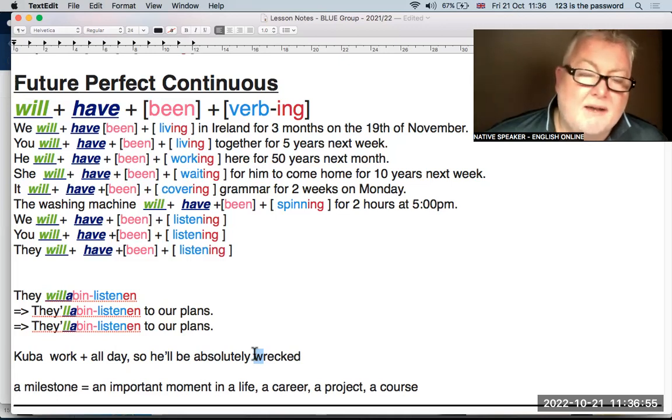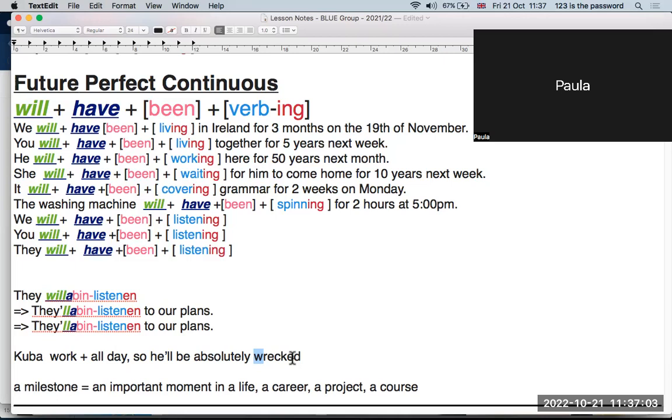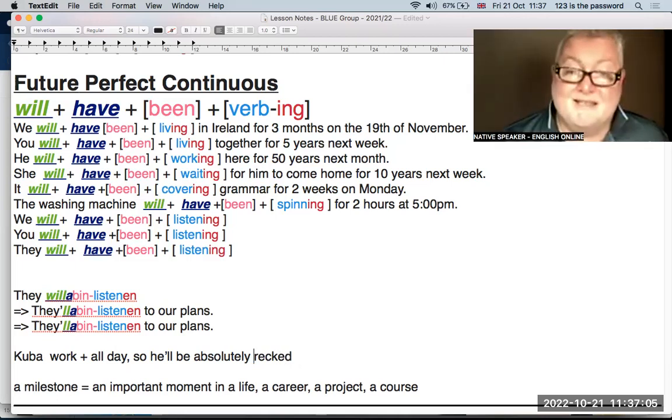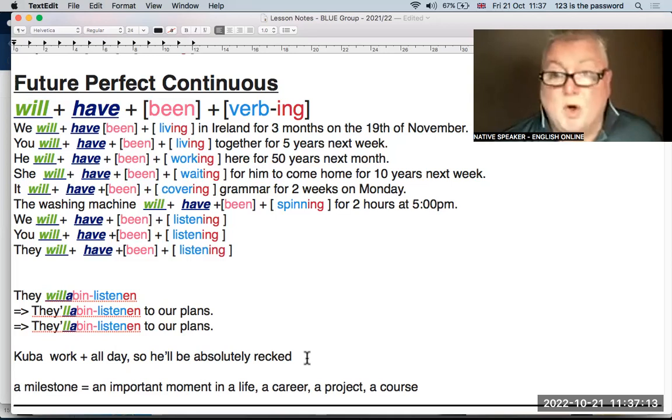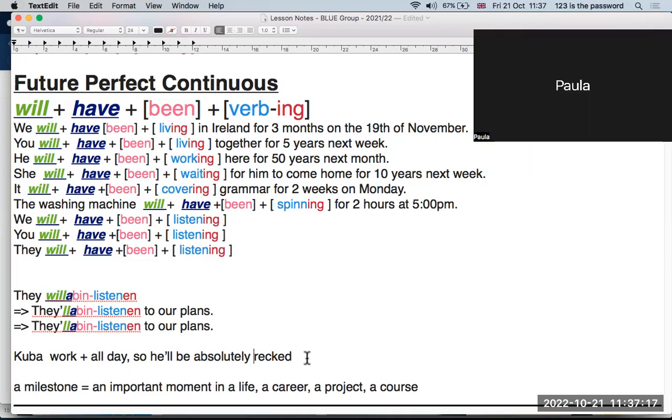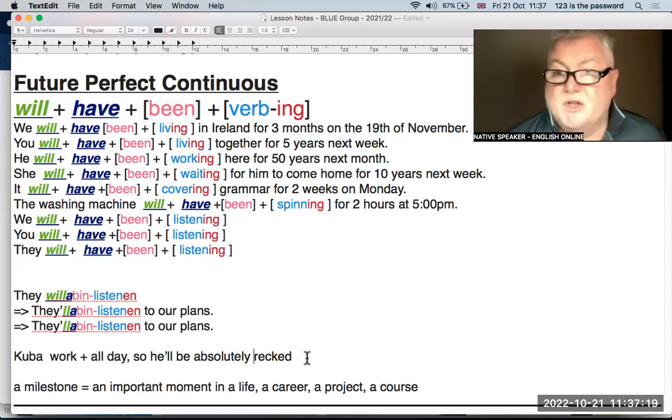That's fantastic. So how do you fix it? Okay. In fact, Paula, the W is silent in this word. Oh, so absolutely wrecked. There you go. But other words like Walter, other words begin with W. Just practice the word.